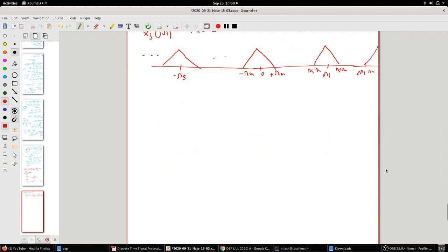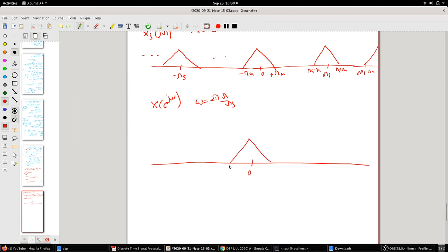Now your x of e raised to j omega will be obtained using the transformation omega equal to 2 pi omega by omega s. This is the transformation which is used. So when I do that, my omega m will be at omega equal to 2 pi into omega m by omega s.